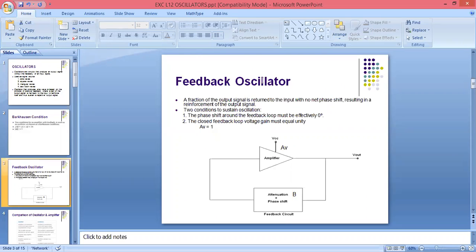Also, in industry, we can use oscillator for dielectric or induction heating. Also, we need high frequency oscillator. Then a signal generator is required as a testing instrument in any electronic laboratory where we need the oscillator. So these are some applications of the oscillator.